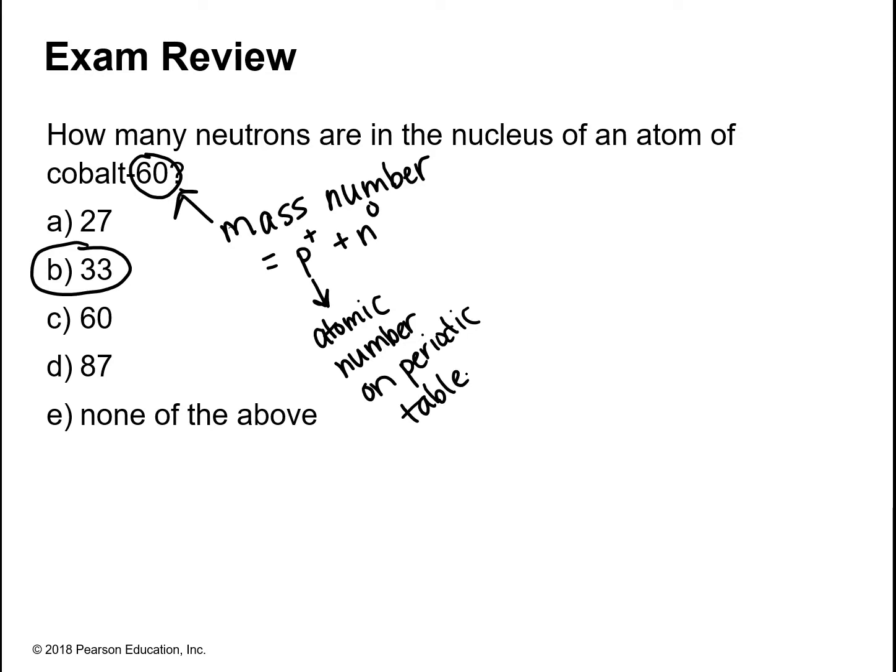And in this case, cobalt, the periodic table says that it has an atomic number of 27. So 60 is equal to 27 plus the number of neutrons. If you subtract 27 from both sides, then you should get 33.